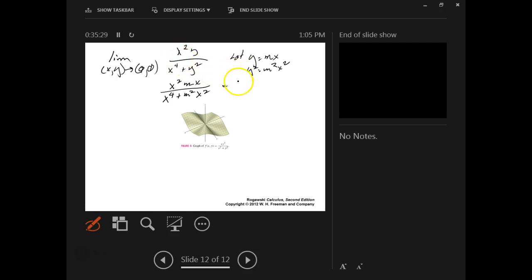This will be m x cubed, divided by x squared times (x squared plus m squared). Well, the x squareds go out, and you're left with mx over x squared plus m squared.